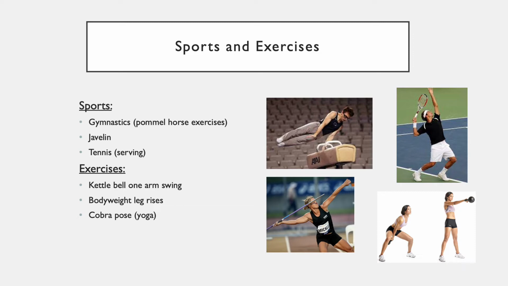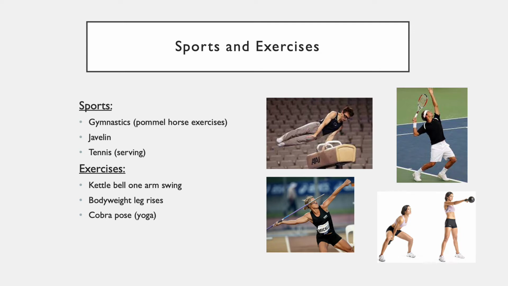You can see on the bottom left picture, you're using that upper force also with the back force. Then tennis serving on the upper right hand photo, you can see they not only just use their arms, but they are using their lower body.